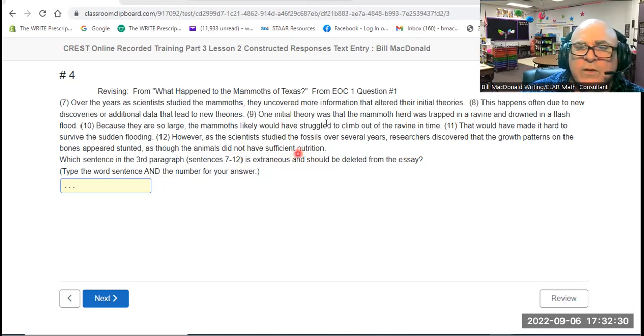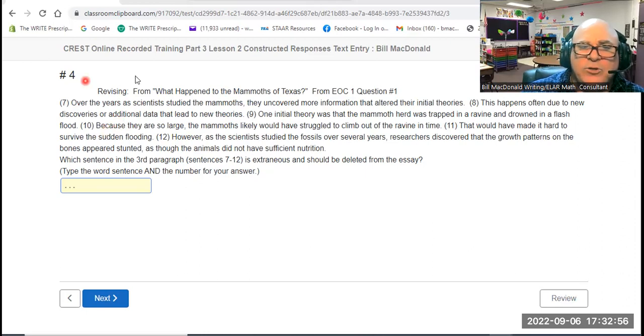And so since sentence 12 kind of supports the idea of a different theory, and sentence 8, this happens often due to discovery of additional data that leads to new theories, is kind of redundant, I believe.